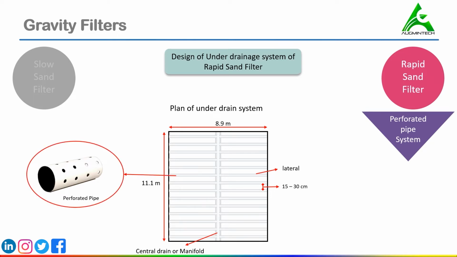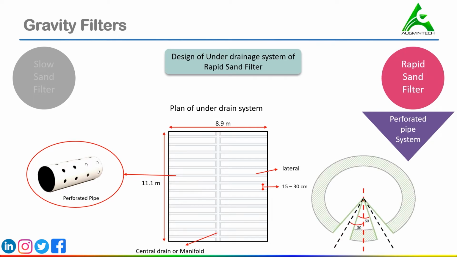A perforated pipe is designed in such a way that it allows water to enter or exit through a number of small holes along the pipe, as shown in this picture. These holes, that is, these perforations, are made on the bottom side, making an angle of 30 degrees with the vertical, as shown in this figure.